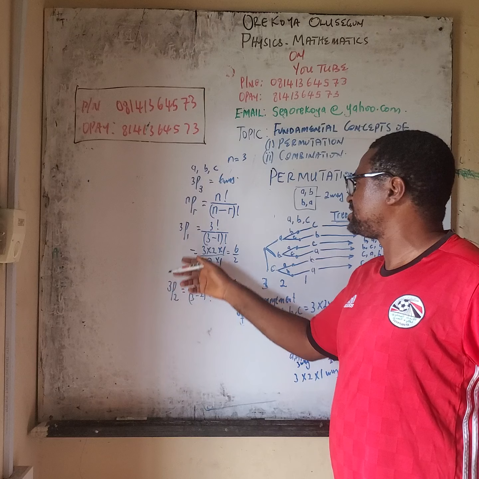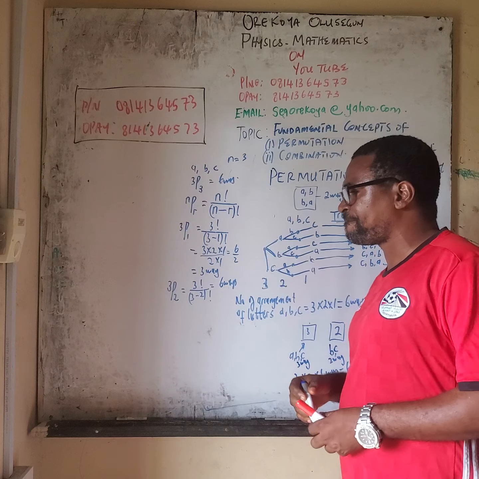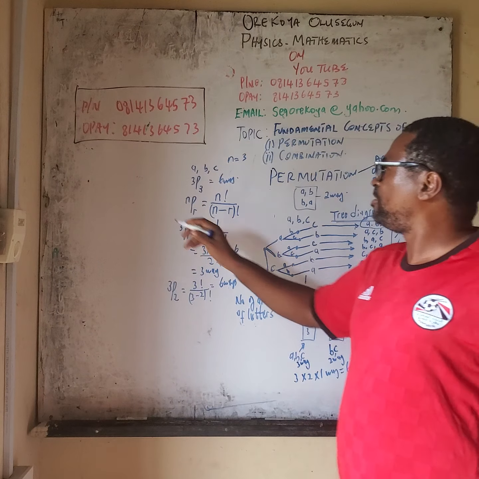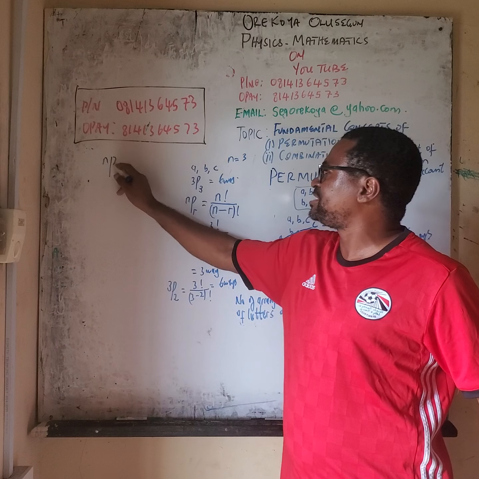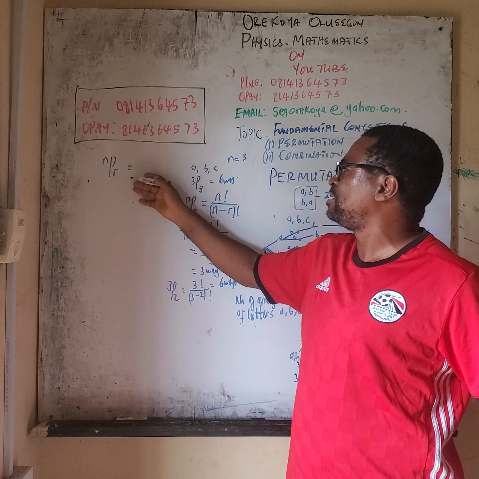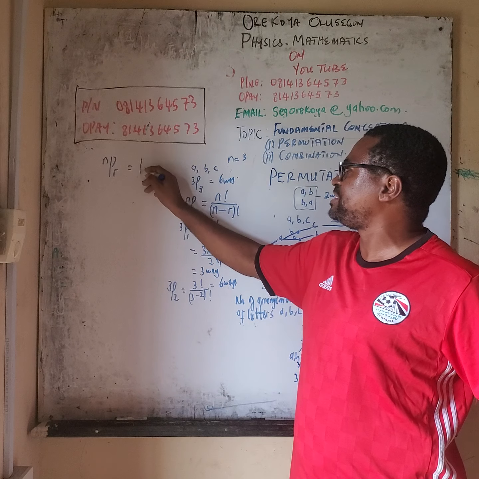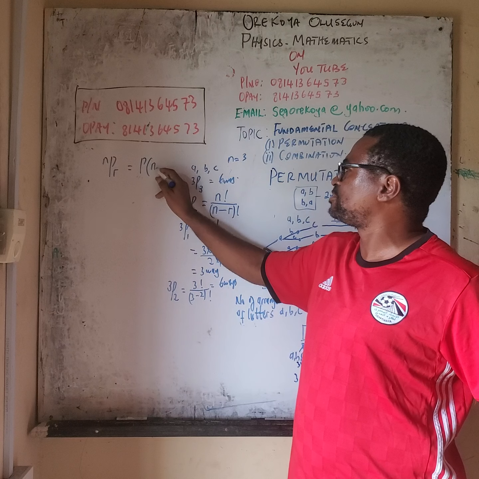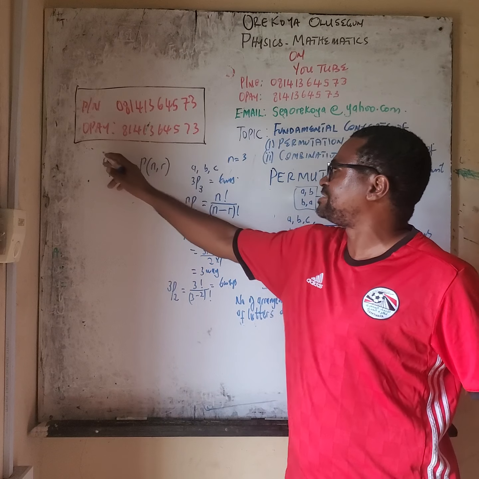If I'm permutating the 3, I've already done that. So the formula for permutation can be written as n permutation r, or also written as nPr, with the total number of objects and then picking r at a time.